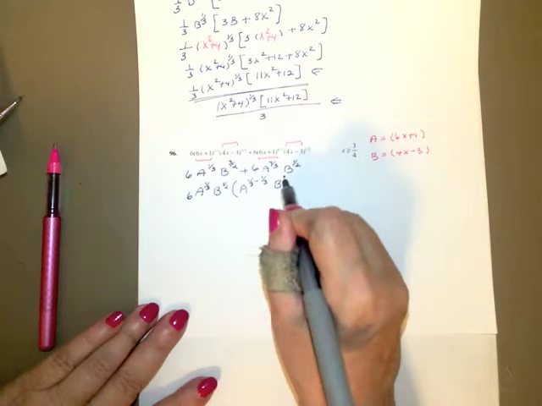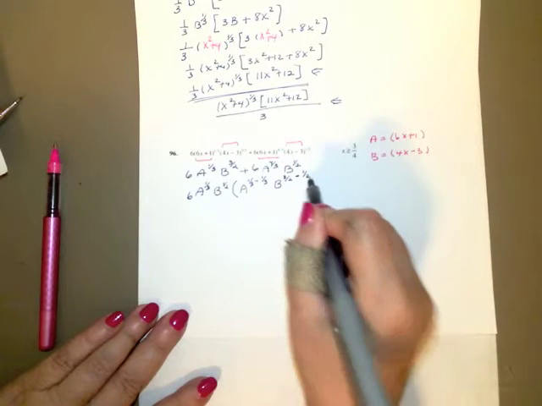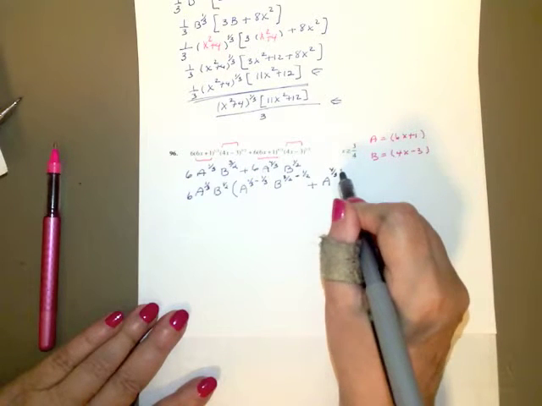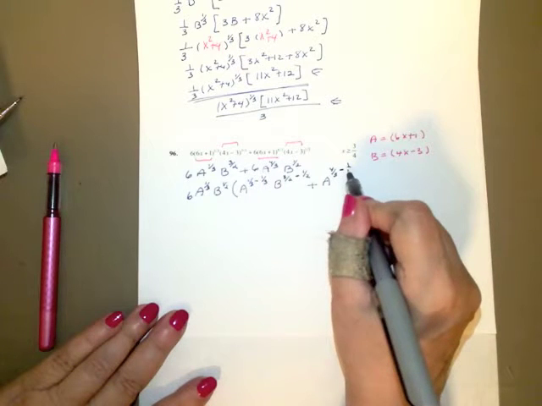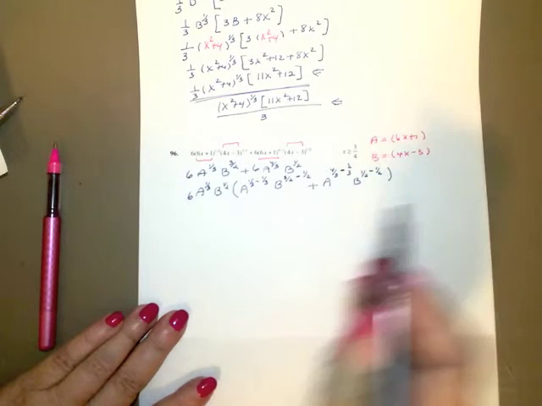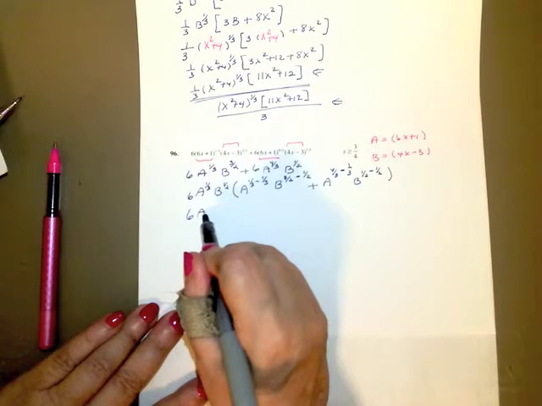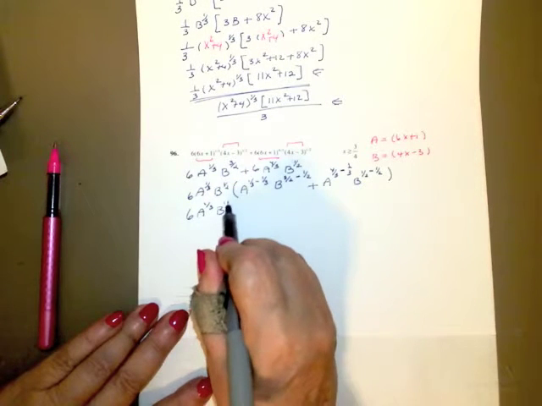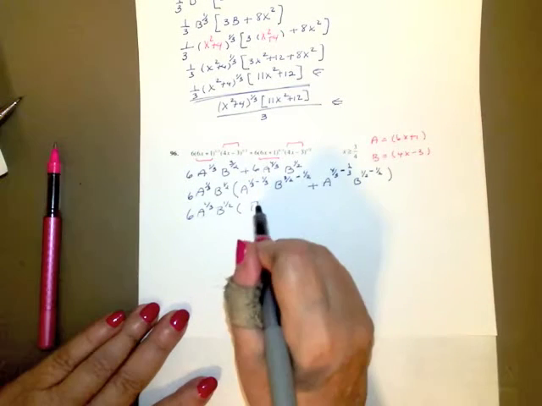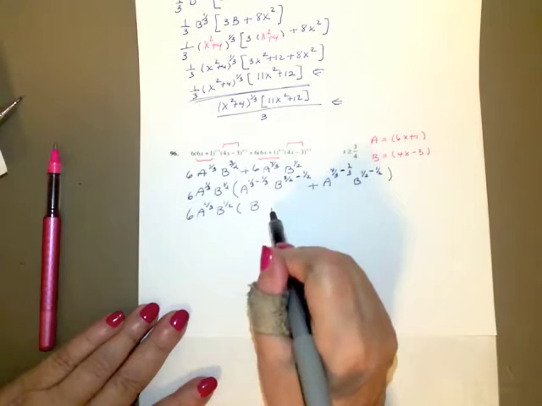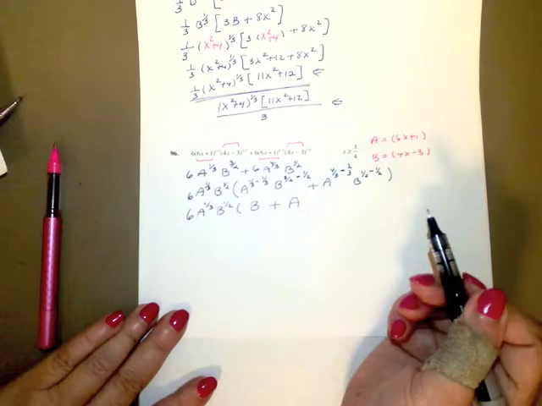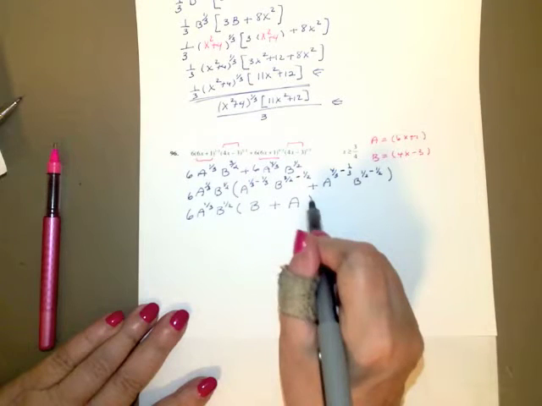From the b to the 3/2, I'm removing 1/2, plus I'm taking the 6, a to the 4/3, I am removing 1/3, b to the 1/2, I'm removing 1/2, so that 6, a to the 1/3, b to the 1/2, a to the 0 is 1, so that's gone. b to the 3/2 minus 1/2 is 2/2. a to the 4/3 minus 1/3 is 3/3. And b to the 1/2 minus 1/2 is 1.